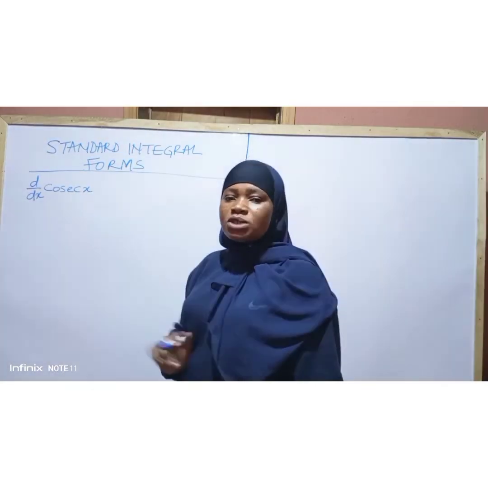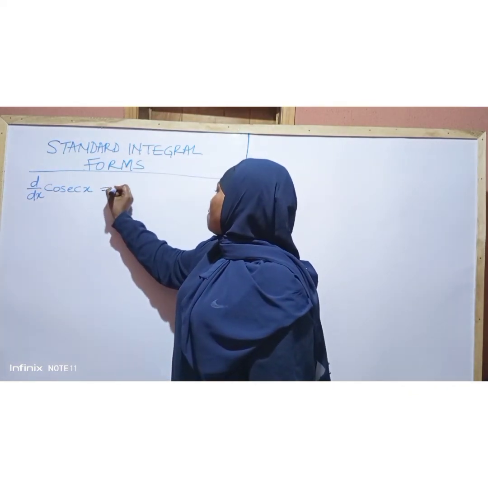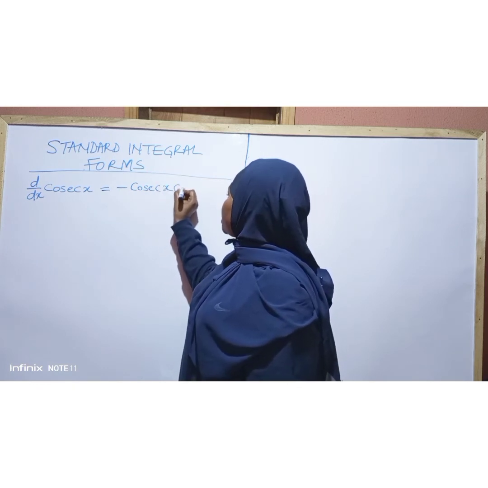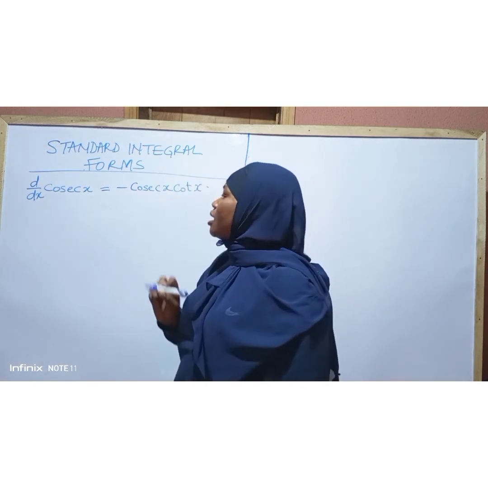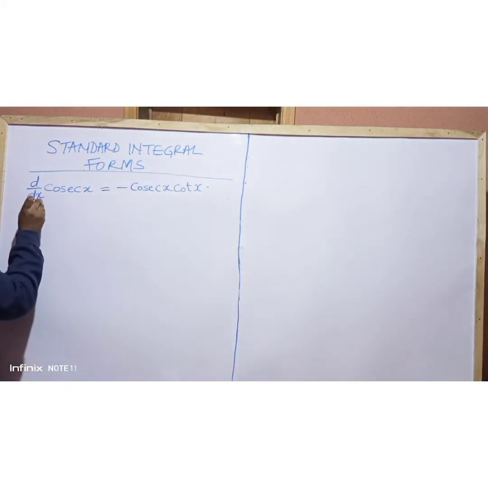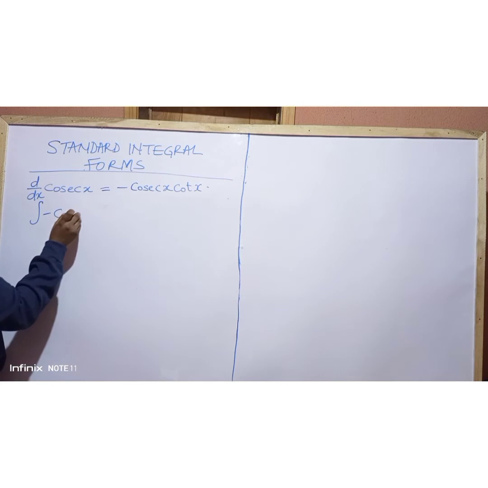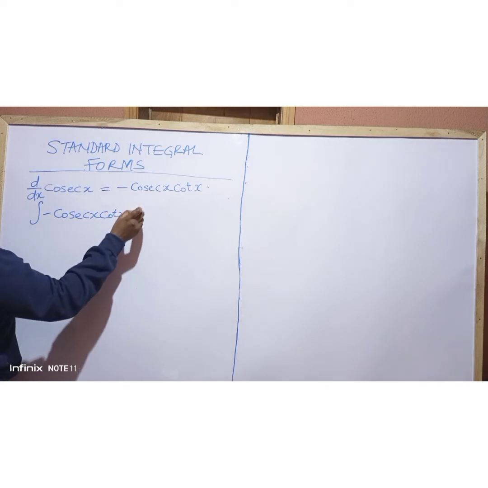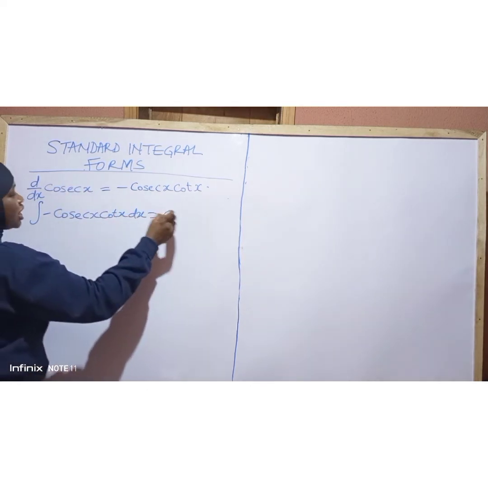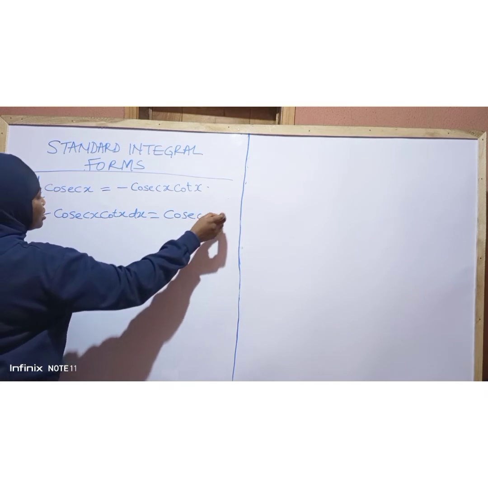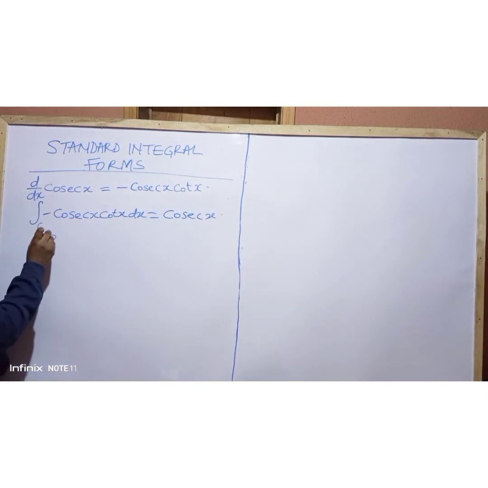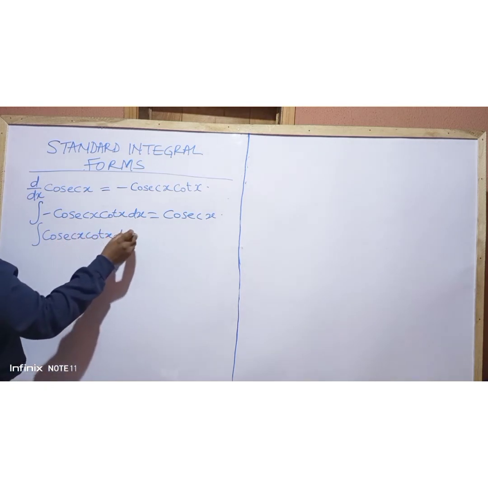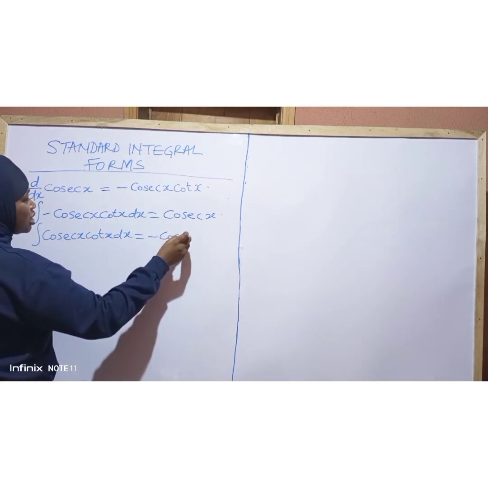The differentiation of cosec x gives minus cosec x cot x. So the integral of minus cosec x cot x dx is equal to cosec x. So you can see that the integral of cosec x cot x dx is equal to minus cosec x.